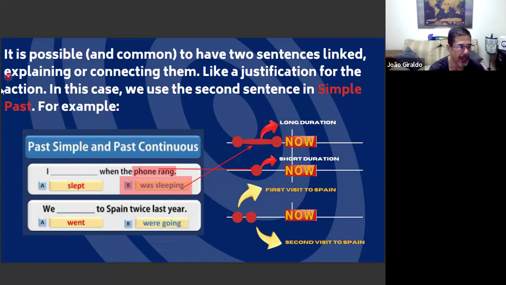So I put here in the example: twice last year, you remember twice, 2 times in 2 opportunities, okay? So we went, the past of the verb to go. We went to Spain twice last year.